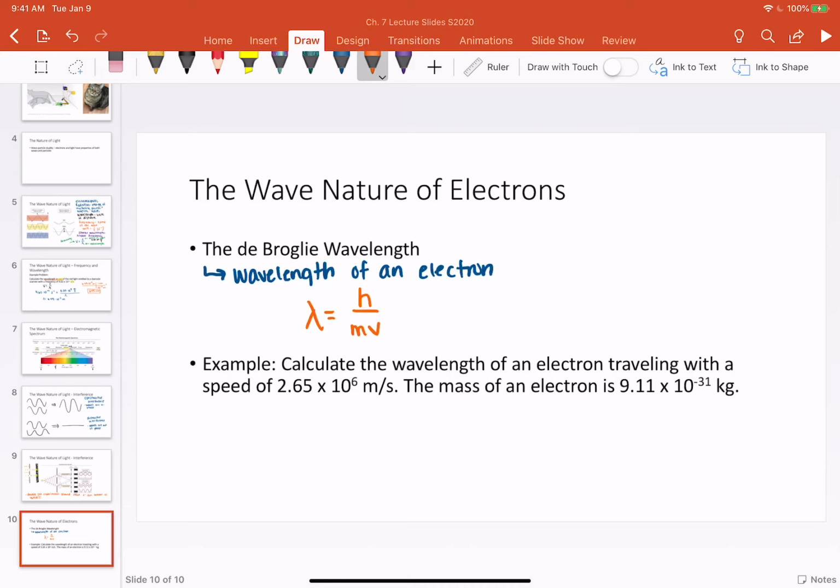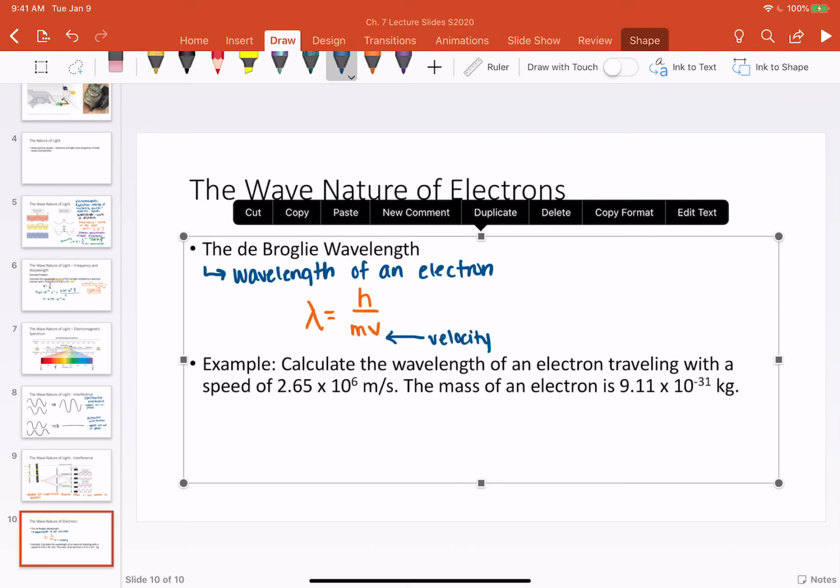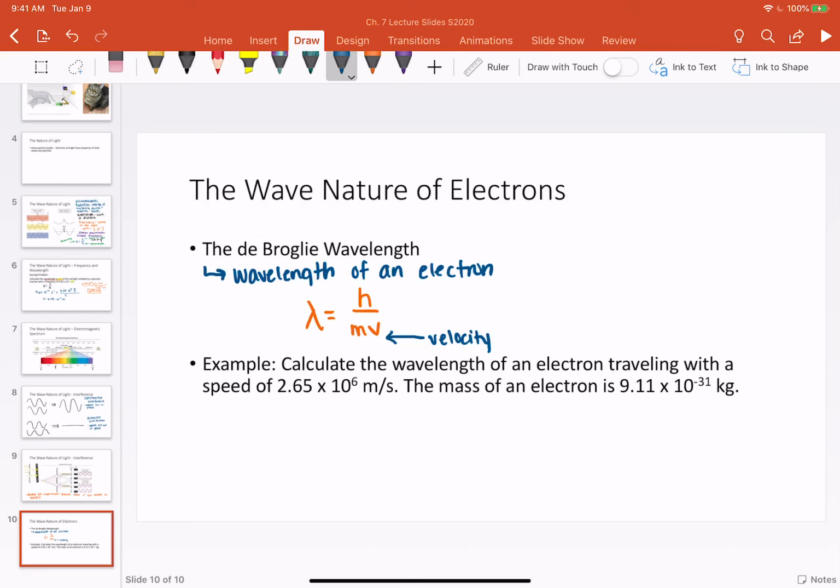So notice that this time this v here is actually a v. This time it actually stands for velocity, not frequency, and the velocity is usually in units of meters per second. This m here is going to be mass, and that mass is going to be in kilograms. So remember that grams is not the SI unit of measurement.